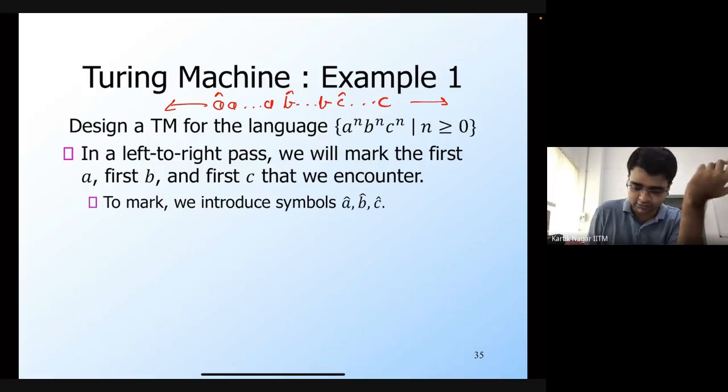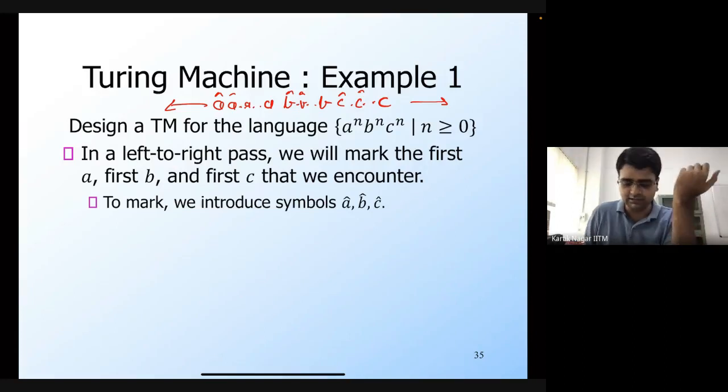So let's say that you have basically converted some number of A's, some number of B's, and some number of C's. While moving from right to left, you may encounter C hats, B's, B hats, and A's. You will skip all of them until you reach the first A hat, and then you will move to the right and continue.